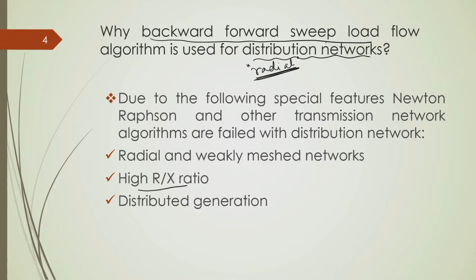That is why conventional load flow approaches like the Newton-Raphson load flow approach may not always converge. So researchers working in power distribution system operation and planning proposed a new approach, which is called the forward backward sweep approach or backward forward sweep approach.